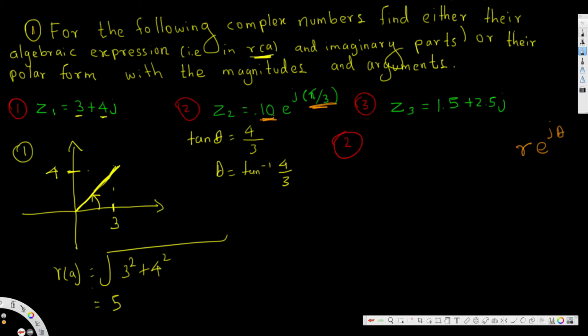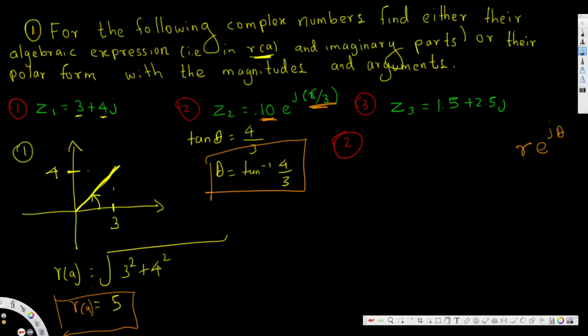Okay, here it says if it's in the polar form, we have to find out RA and the angle. We found out both. This is our RA for the first one, and the angle is, whatever you plug in the calculator, you will get tan inverse 4 over 3. You will get the value of the angle.